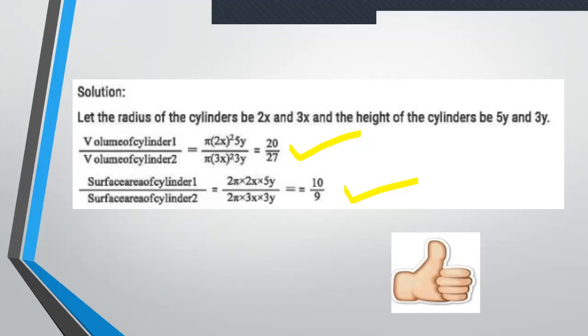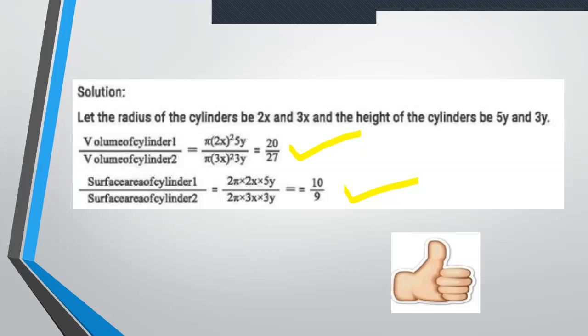Don't miss the chance. As you see, pi 2x square 5y upon pi 3x whole square 3y, these pi's, x squares, y's get cancelled off. So you're left with 20:27 and the surface area is 10:9.